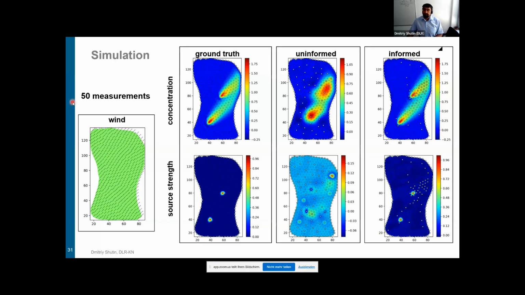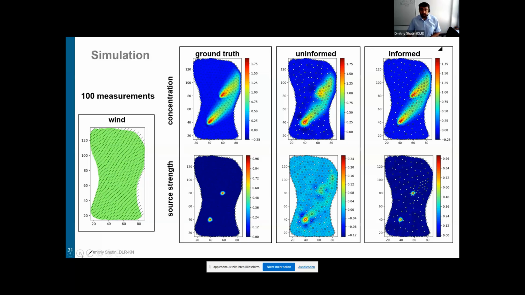With the informed strategy, after 50 measurements, you already get the true sources and the concentration values very accurately, while the uninformed is still relatively far away. If we proceed further, we see that the uninformed now starts doing coverage because it has discovered everything. It knows where the sources are. It knows the concentration value quite well.